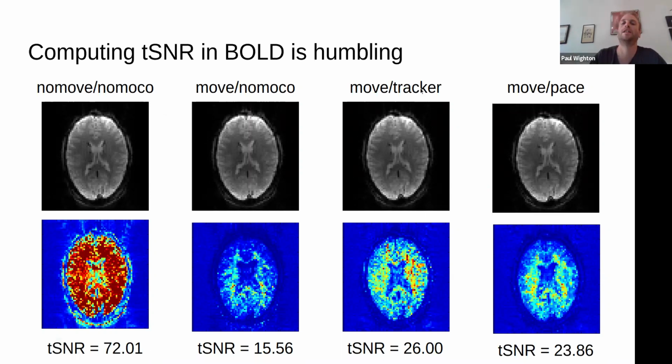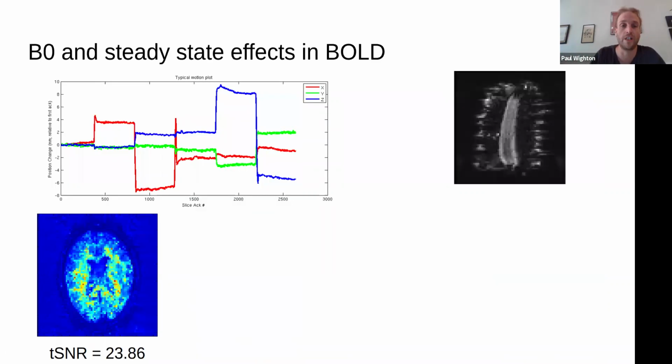And here's some work I did with an external tracker where we were doing slice by slice updates. And we could do better than PACE, but not by much. And the question is, is it even really worth it at that point, right? If you're getting data like that instead of data like that, what's that going to do to your experiment, right? So it's a very humbling exercise.